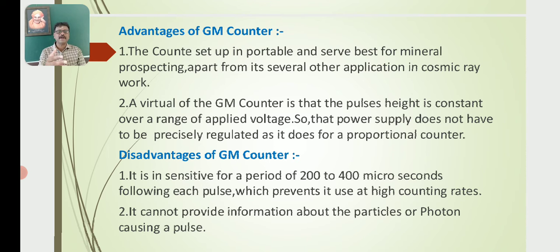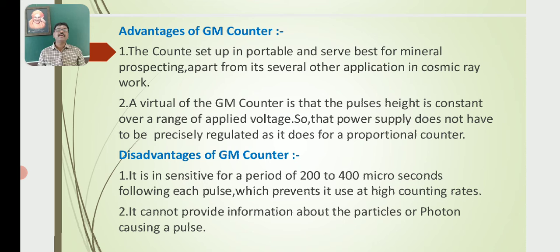Earlier we discussed that the GM counter counts only about 500 per second, that is the rate of counting of the GM counter. So it is insensitive for a period of 200 to 400 microseconds following each pulse, which prevents its use at high counting rates.